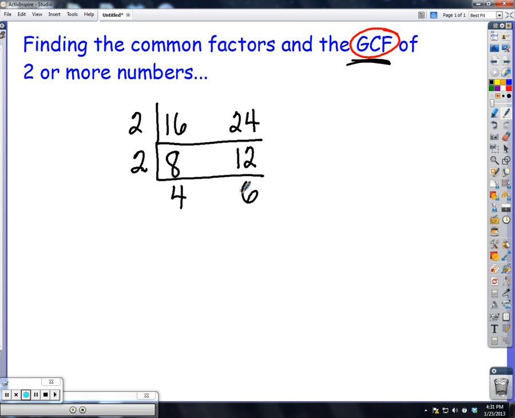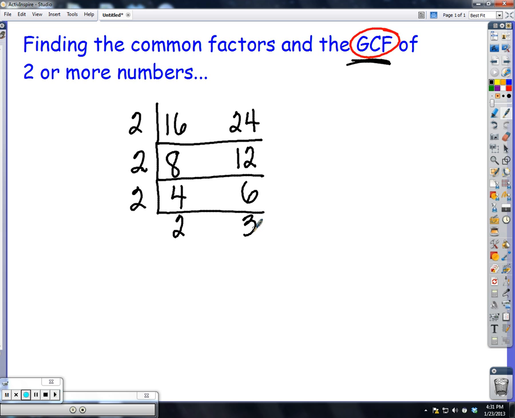Now, look at the next level, 4 and 6. What is a common prime factor of both 4 and 6? Well, they're both even again, so we can use 2. 2 goes into 4 2 times. 2 goes into 6 3 times. Now, on our next level, just keep asking yourself the same thing over and over. Is there a common factor of both 2 and 3 that's a prime number? Up to this point, we've been able to use 2 each time.